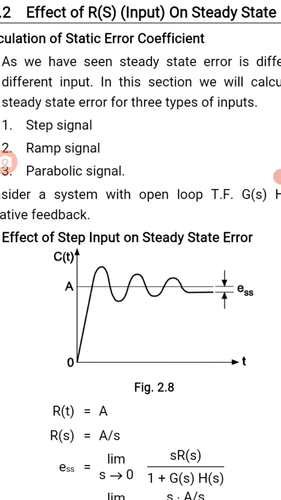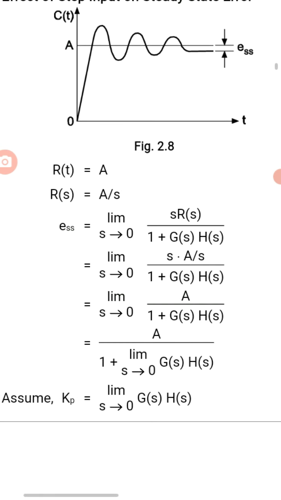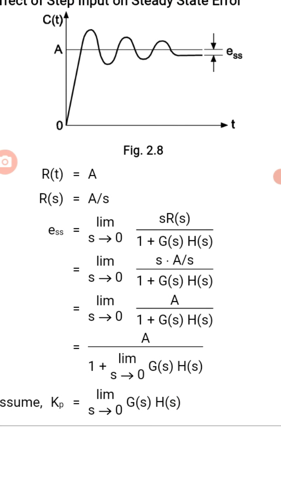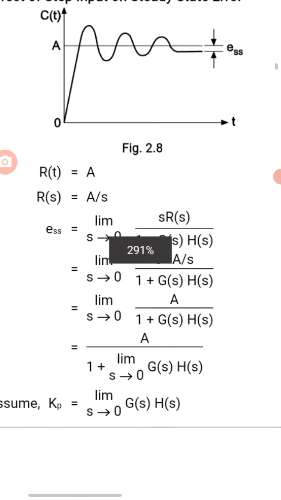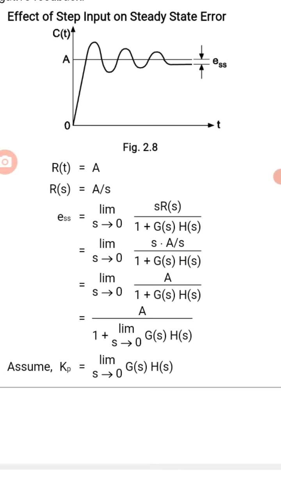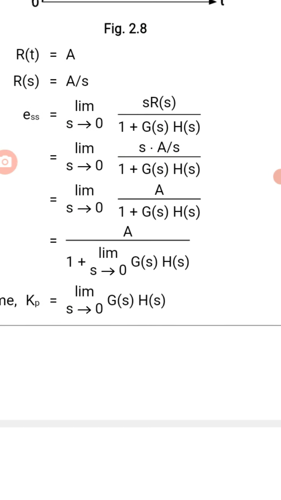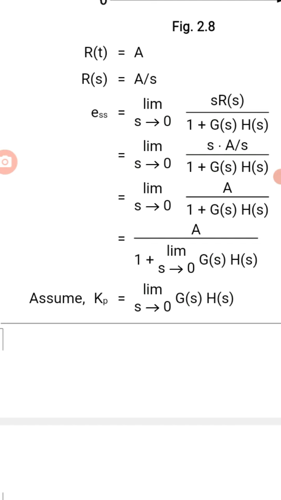If the input is a step input, then the steady state error is given by the same equation, s into R of s upon 1 plus G of s into H of s, where the step input having amplitude A has transfer function A upon s. That's why instead of R of s we take A upon s.